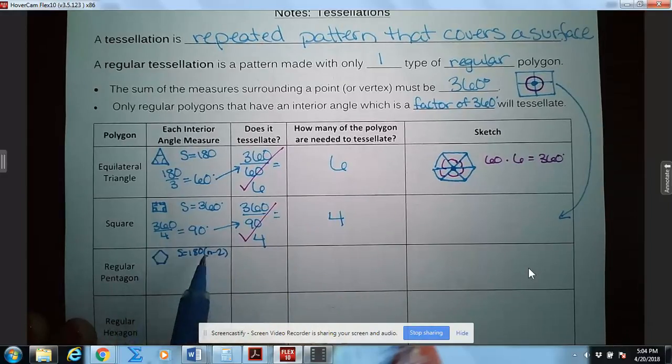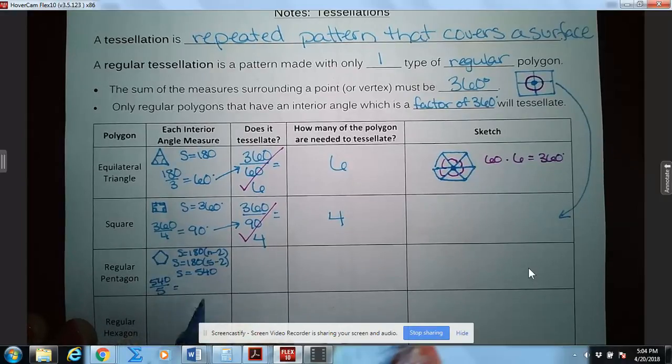Well, the number of sides here is 5, so the sum is equal to 180 times 5 minus 2. That equals a total of 540 degrees. To find one of those angles, I would just have to split that into 5, which would give me 108 degrees per angle.